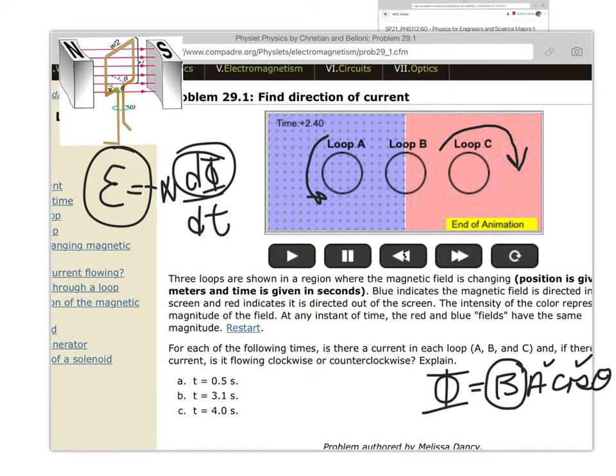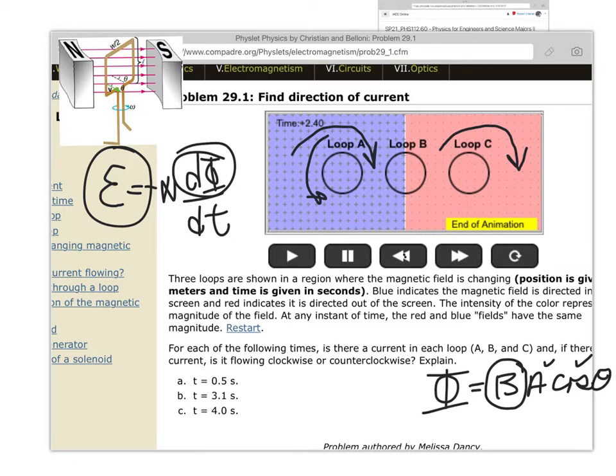And so now we're going to try to oppose that change, that loss of flux. We're losing flux, so in order to oppose the loss of flux, now we have to induce an EMF and a current in this direction, so now we're opposing the change in flux, right?